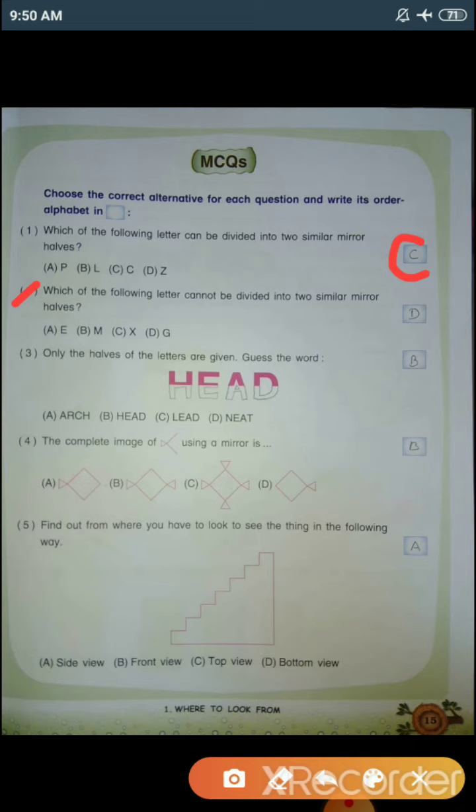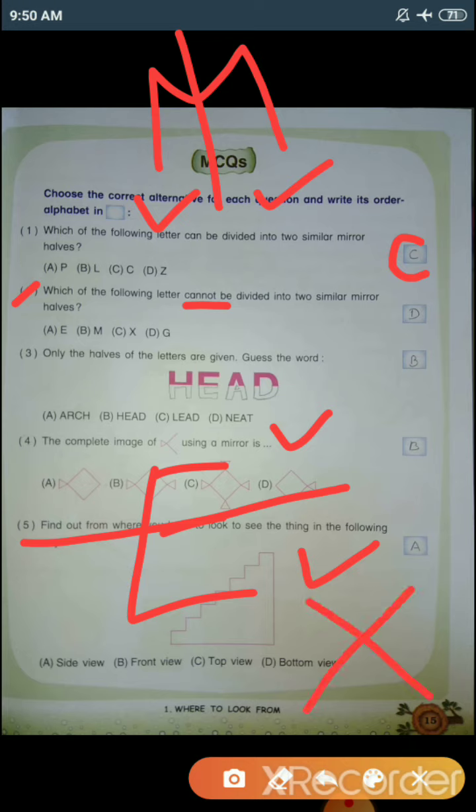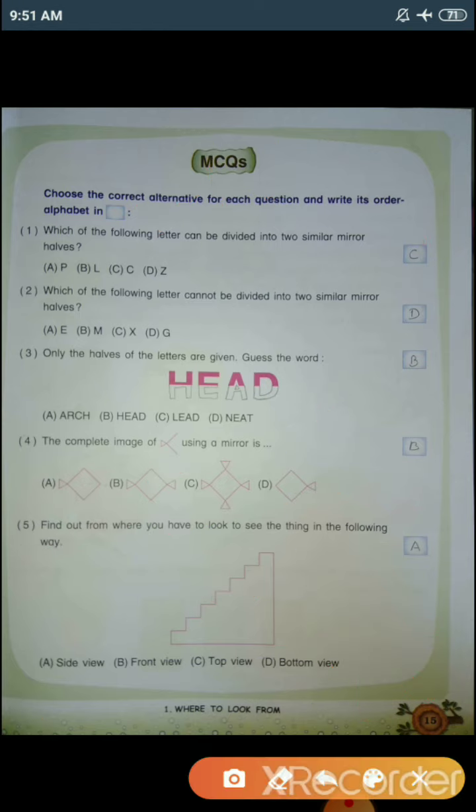Let's see number 2. Which of the following letters cannot be divided into two similar mirror halves? Option A, E. We can easily put a horizontal line and divide this E into two similar halves. Option B is M. Again M is also divided into two halves. Then X, we can put horizontal and vertical lines, so X is divided into two similar mirror halves.